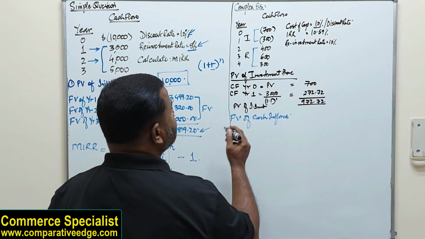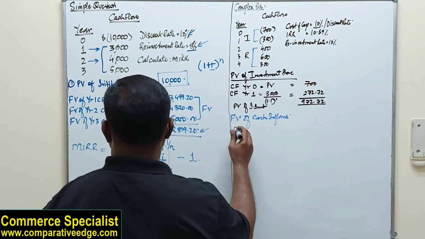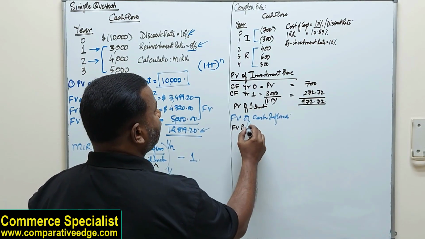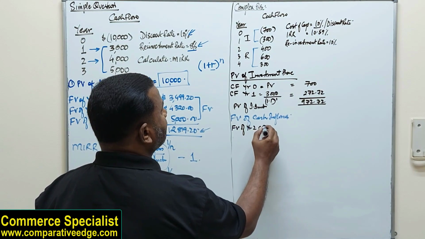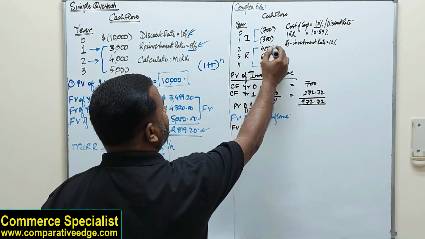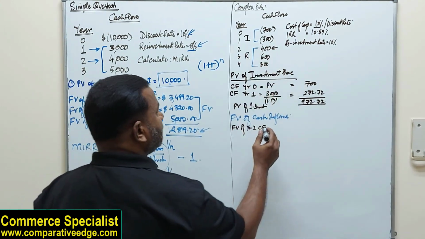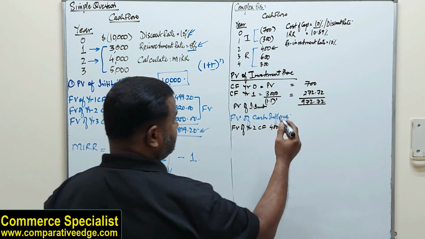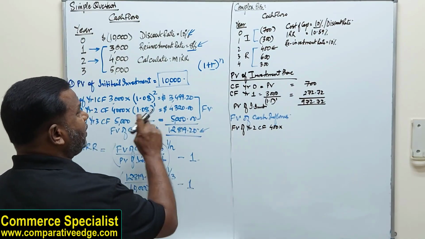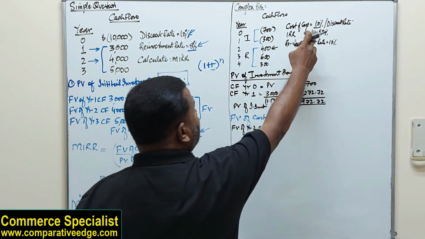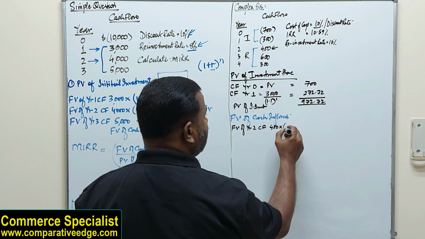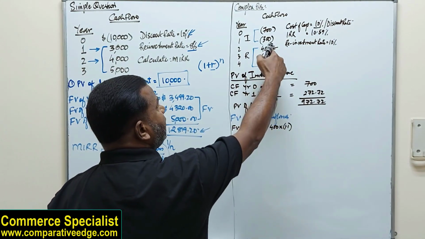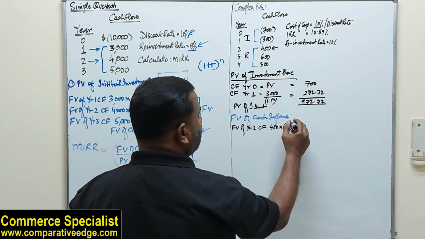So we can calculate the future value of year 2 cash flow, which is this amount. This 400 you can multiply by, obviously to calculate future value you have to multiply it by 1 plus R. Now R is 10%, so you will multiply it by 1.1, and obviously this 400 will be invested for another 2 years, so 1.1 power 2.